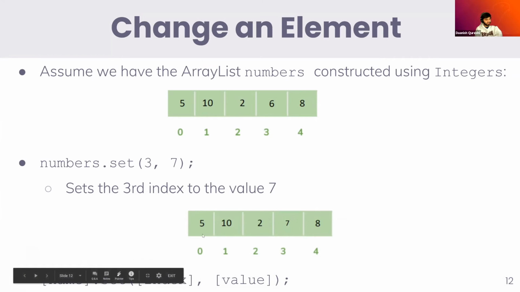So the syntax is: remember the name of it, dot set, the index, comma, the value. And you'll see a lot that I type out the name in brackets, but don't include the brackets when you're typing out the name. That's just for showing you to put the name. See, there's numbers without brackets. I just wanted to clarify that in case anyone got confused.